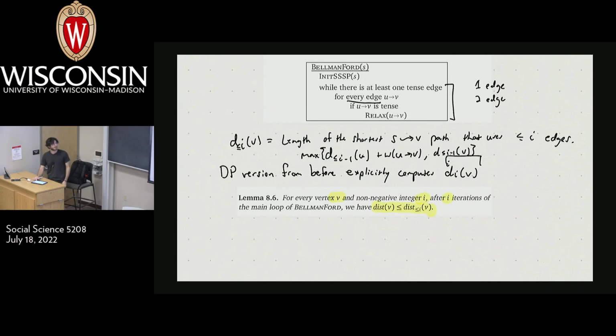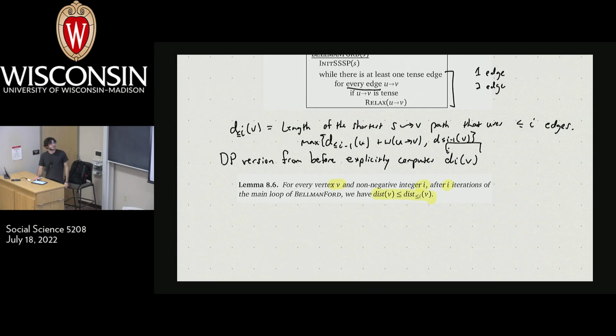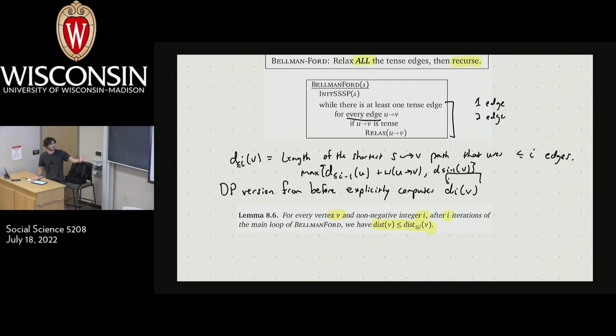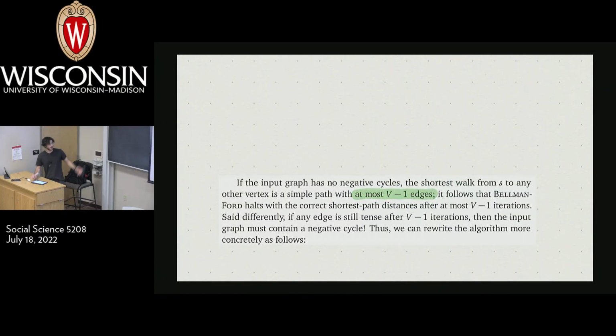You can prove it's correct by induction. It's very similar to the other ones, so I won't go through it, but you can read it in the textbook. This is why the algorithm's essentially working well. Our measure of progress is allowing more and more edges. So at the end, how many edges could we possibly use? Well, at most v minus 1. That's just because you could have a path that touches every single node.